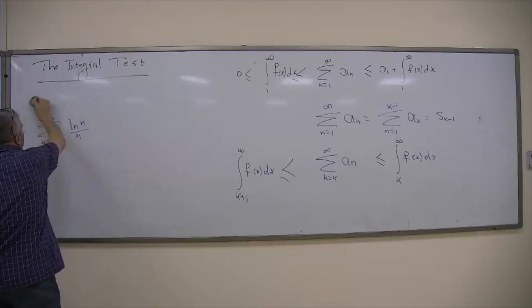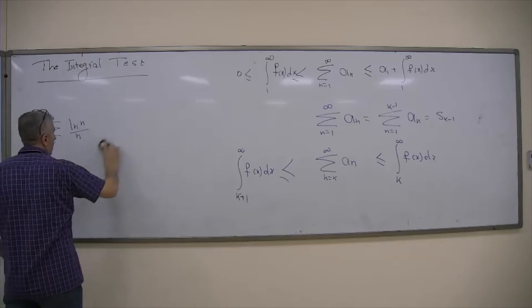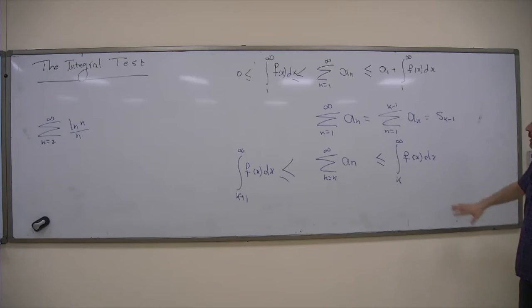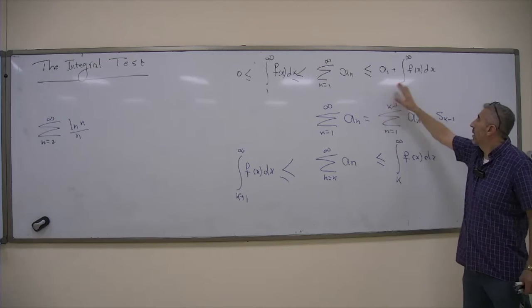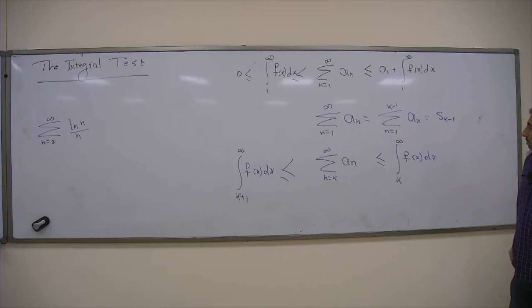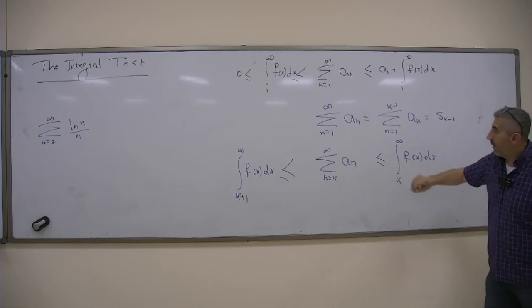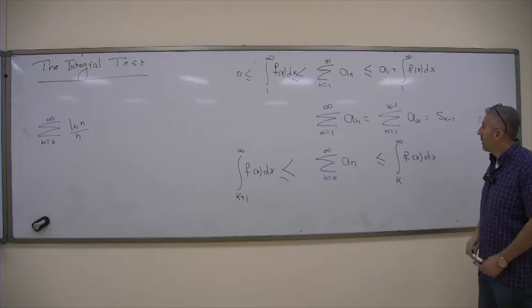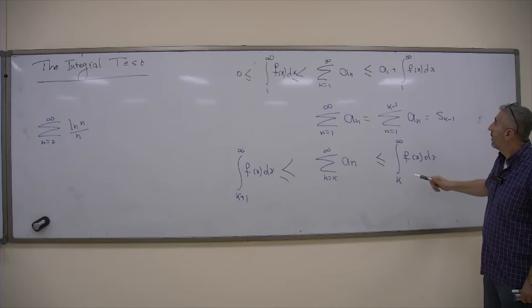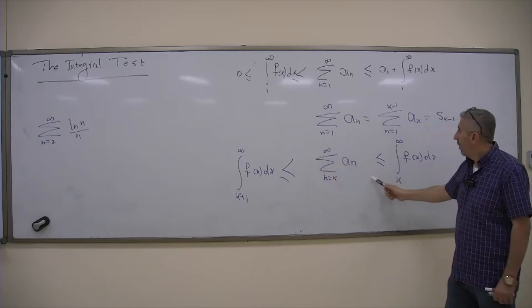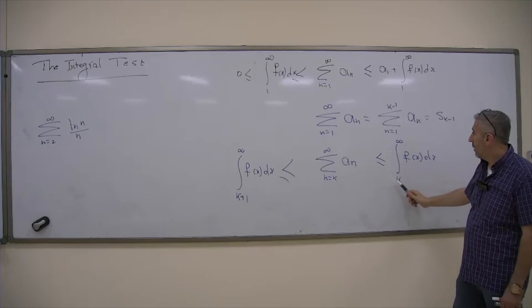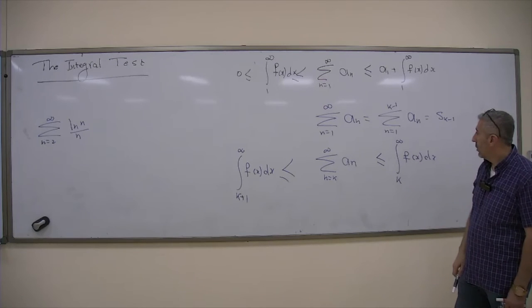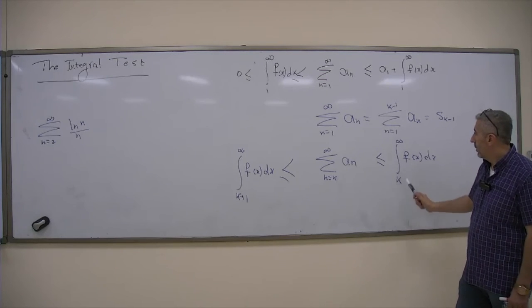Let's take this one. Look here, we have another term here, so basically I'm kind of hiding something, but along the same way we can do this, because if I take this sum, then I can take the integral here from k to infinity, because your function f(x) is decreasing.